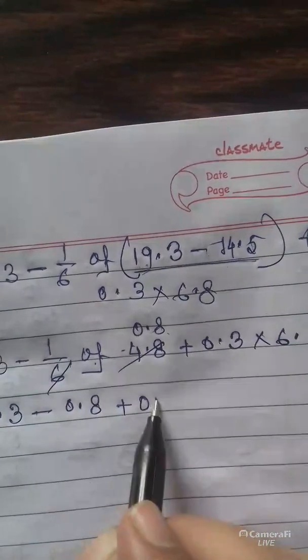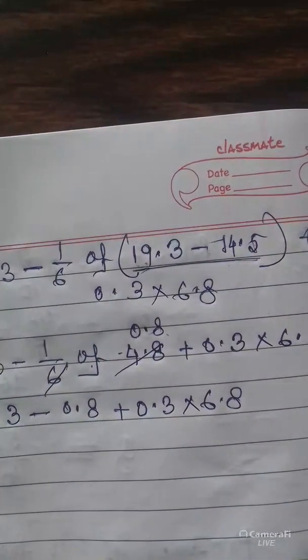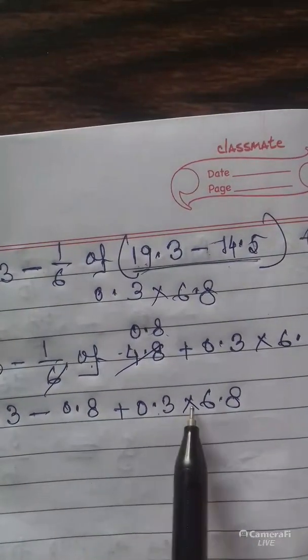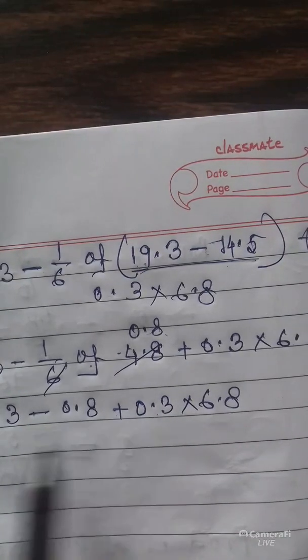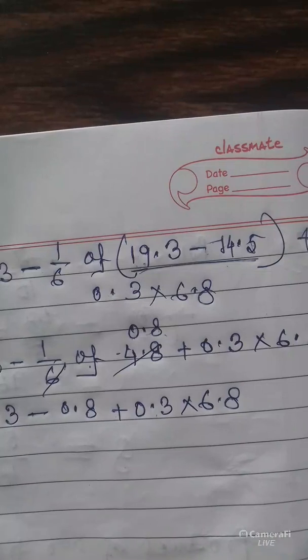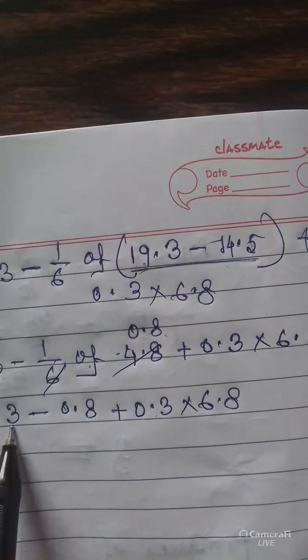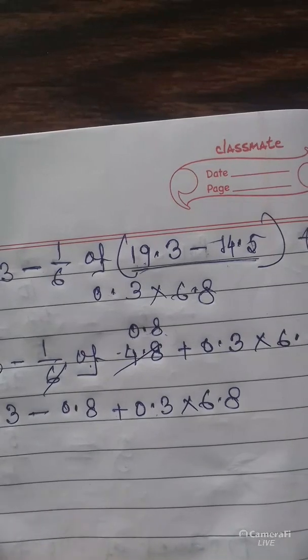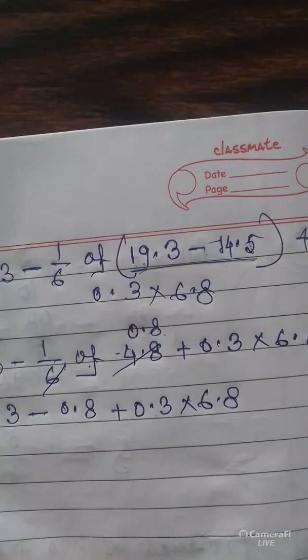After that, multiply is there, divide is there, minus also and plus also. First function is divide. So 1.86 divide 0.3, we will get 6.2.